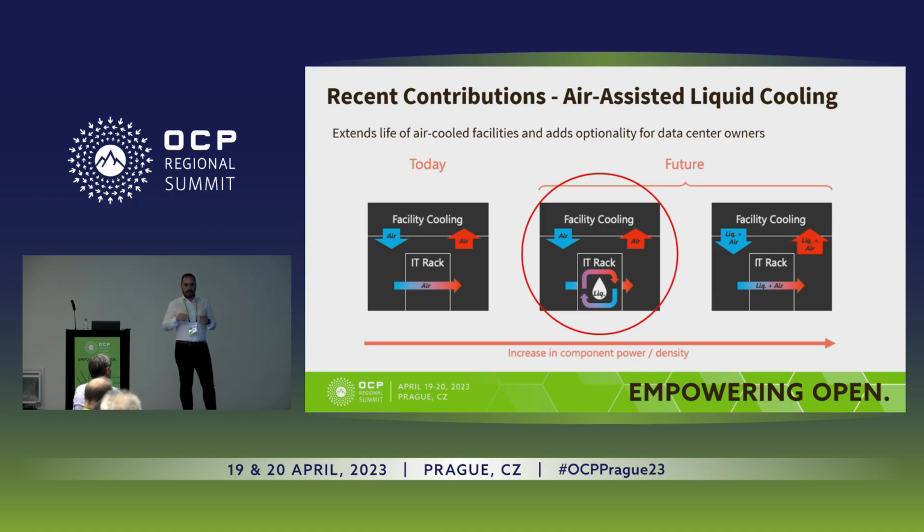For that use case, we need pumps to move the water for sure, but in this case we remove the heat from the liquid and reject it into the air. This is very important for data centers which are air-cooled. I think Meta has a couple of these data centers, and for them it's very important to use this technology in order to extend the lifetime of the facility.